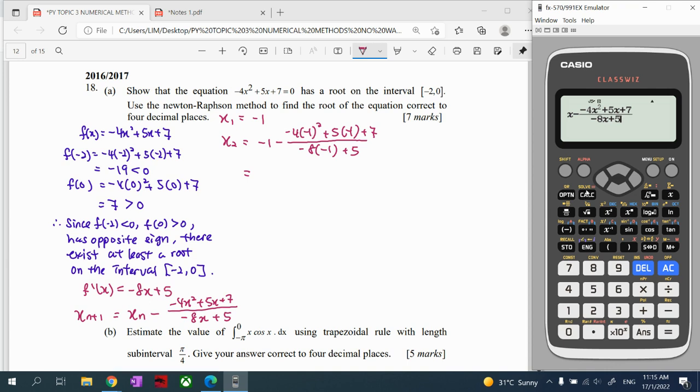Then we press calculate. Here we calculate with the value of x that we start with, the initial value negative 1, equal. So we get one fraction.